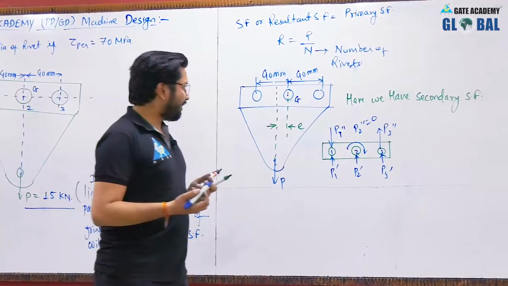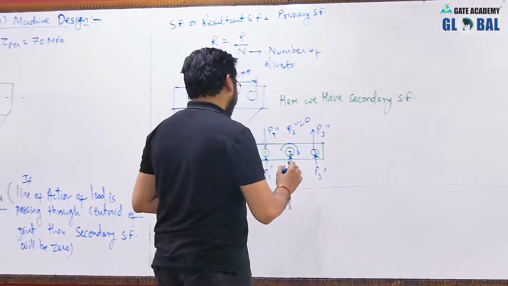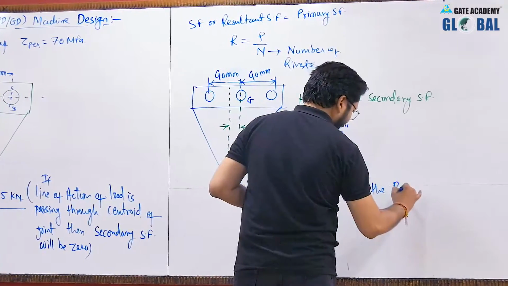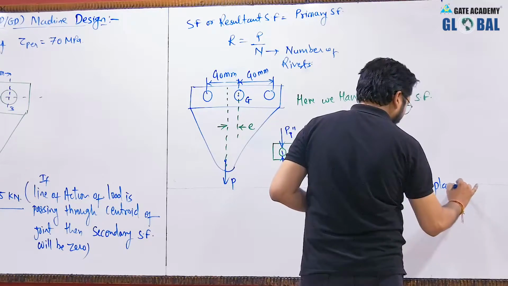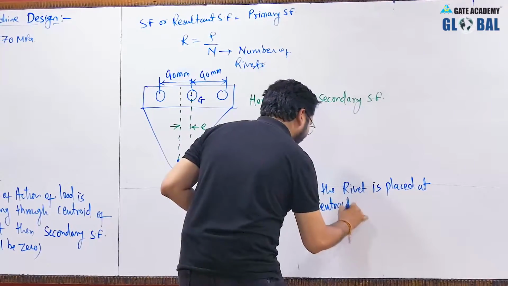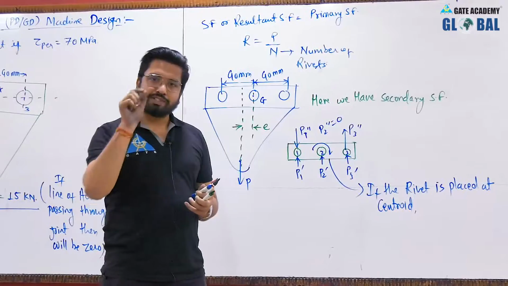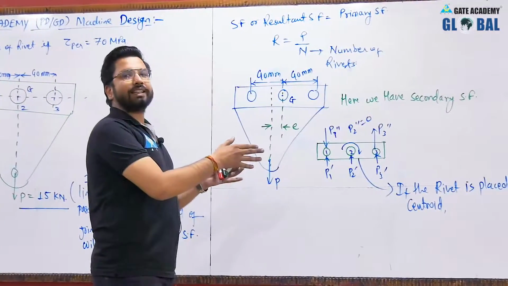So what does it mean? If the rivet is placed at the centroid, then the secondary shear force will be 0 for that particular rivet, even if there is secondary shear force in the joint.